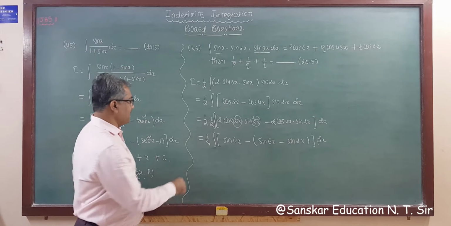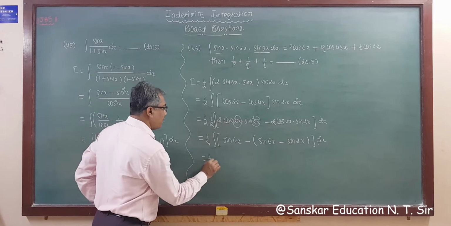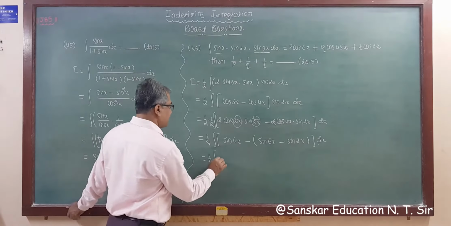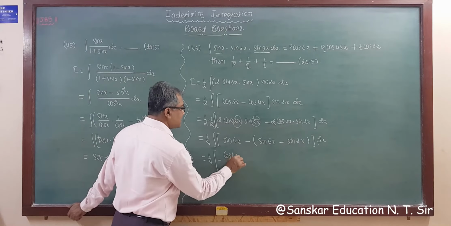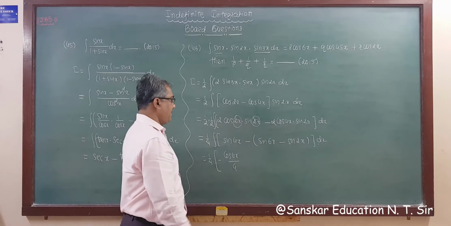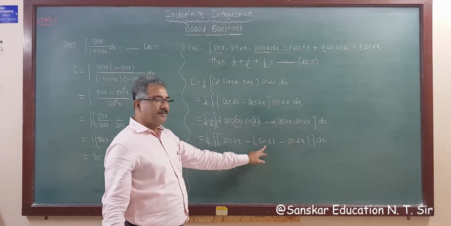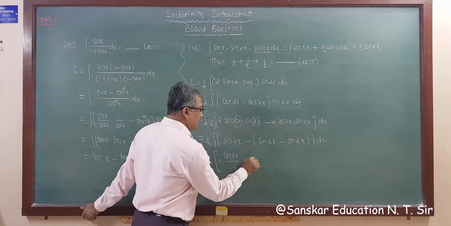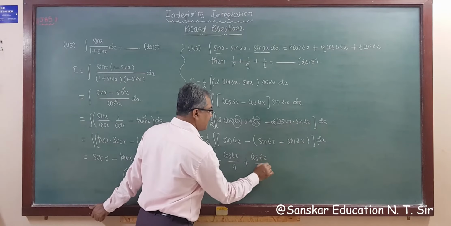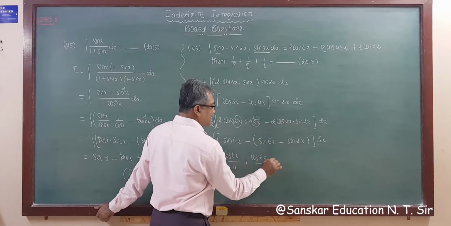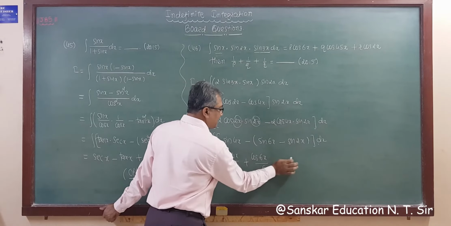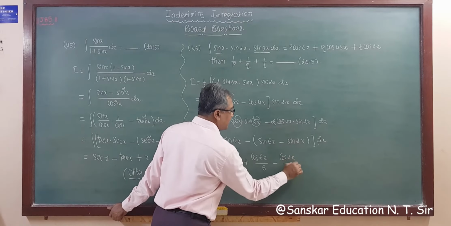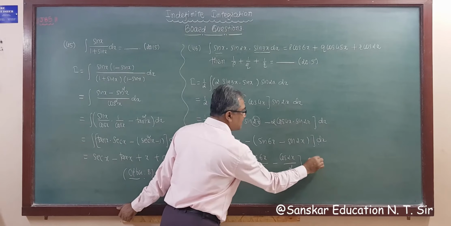So now integrating this, we get 1 upon 4 times: integration of sin 4x is minus cos 4x divided by 4, minus integration of sin 6x, which is minus cos 6x divided by 6, so minus minus is plus, and plus integration of sin 2x, which is minus cos 2x divided by 2, plus c.